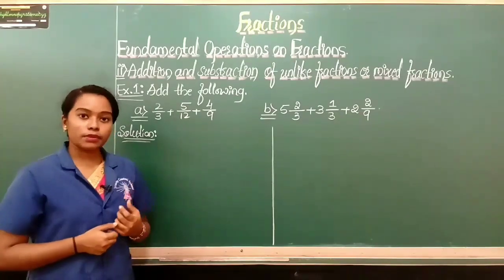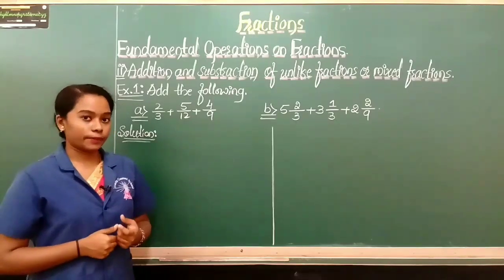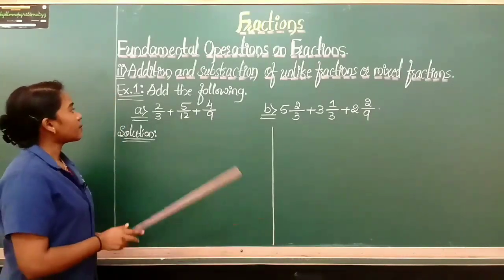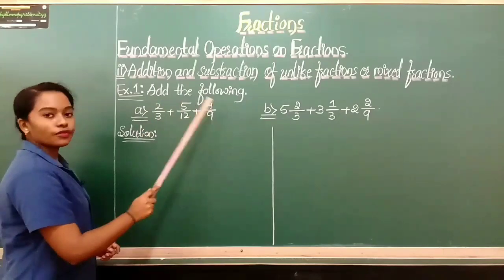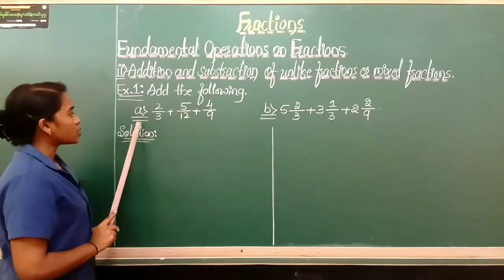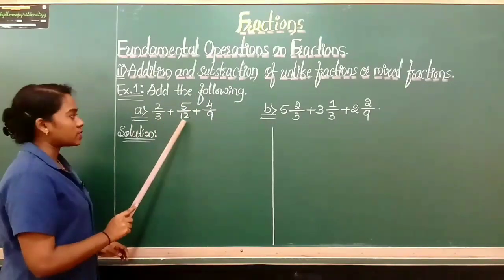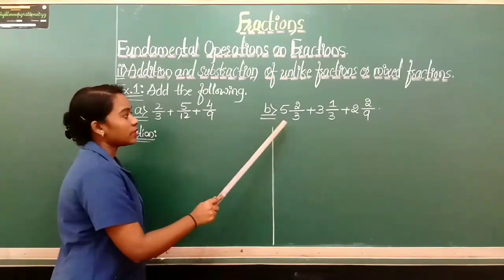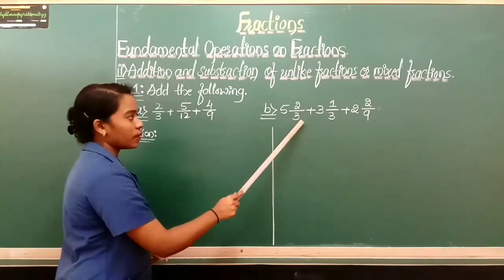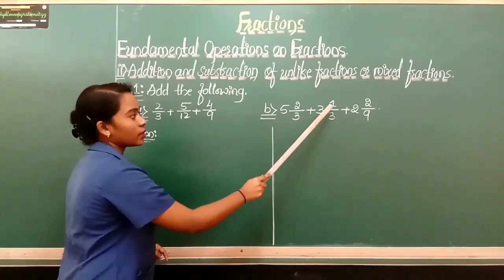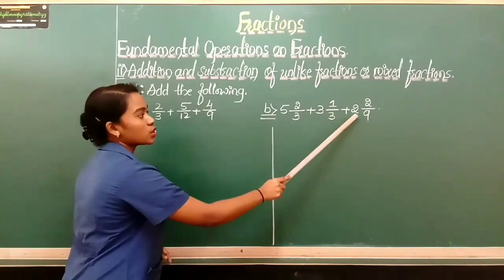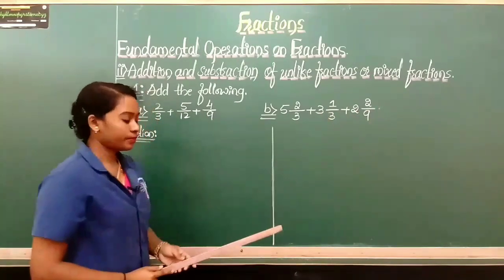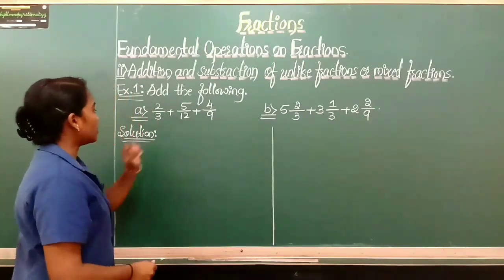Let's solve examples to understand that in a better way. Example 1. Add the following. The first one is 2 by 3 plus 5 by 12 plus 4 by 9. And the second one is 5, 2 by 3 plus 3, 1 by 3 plus 2, 2 by 9. Let's solve the first one.